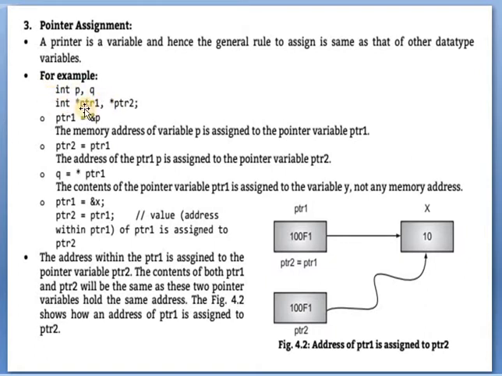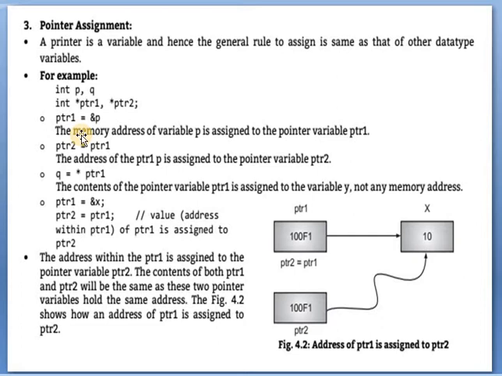Hence the data type of this pointer variable is also integer. If p and q were float, at that time we would have to declare float *ptr1, *ptr2. But here in this example p and q are integer variables, so to store the address of these variables we are declaring pointer variables having data type integer.